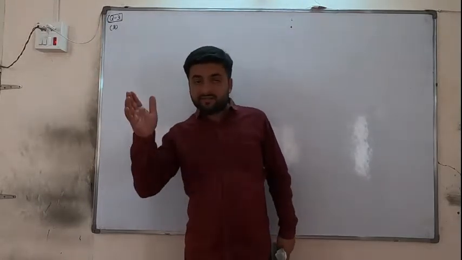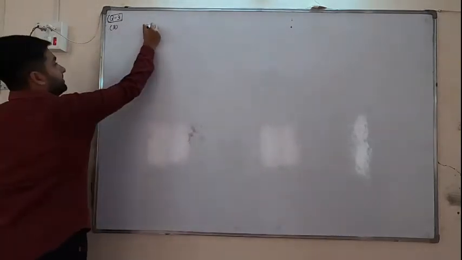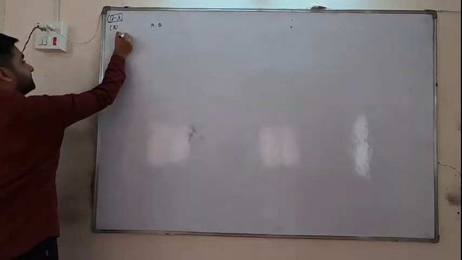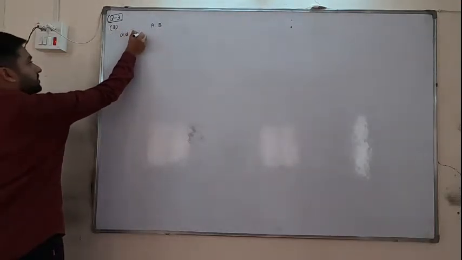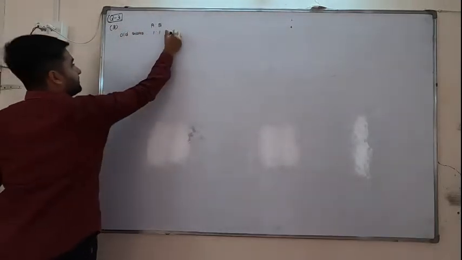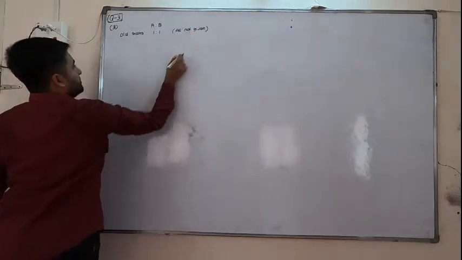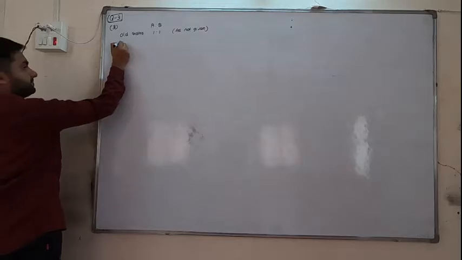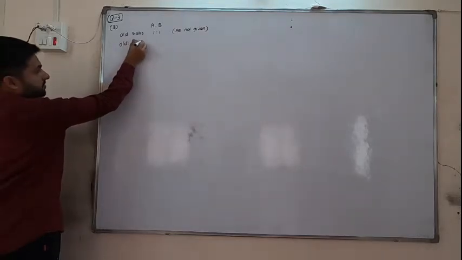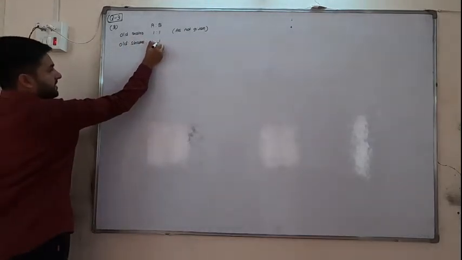Okay, now we have to find the full new share. So partners are A and B. Old ratio is 1:1 as not given. So whenever the old ratio is not given, it is always the same. So old shares will be 1/2 each.